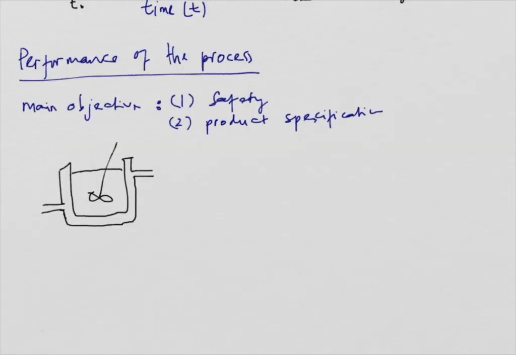To illustrate this, I give you one example, the CSTR, continuous stirred tank reactor. In the reactor here, this is the flow rate of reactant and the product here, and this is the reactor jacket. We have the jacket here to maintain the temperature of the reaction in this reactor.